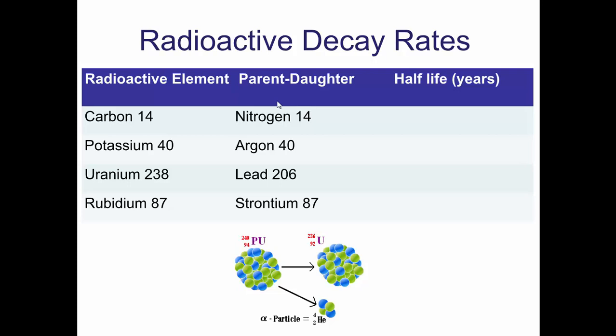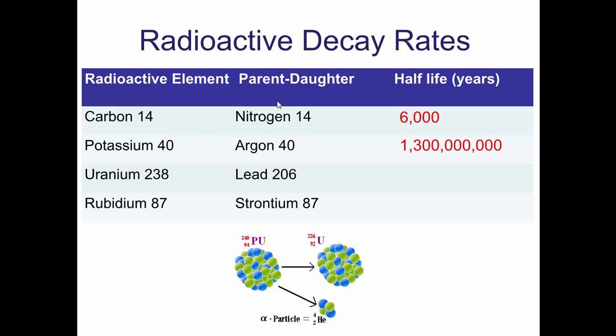So here are some examples of common radioactive elements. Carbon-14 decays into nitrogen-14, and has a half-life of about 6,000 years. Potassium-40 decays into argon-40, with a half-life of 1.3 billion years.